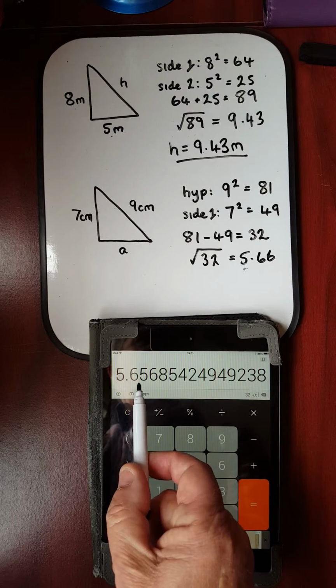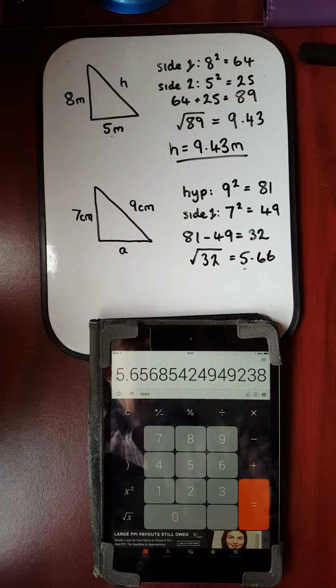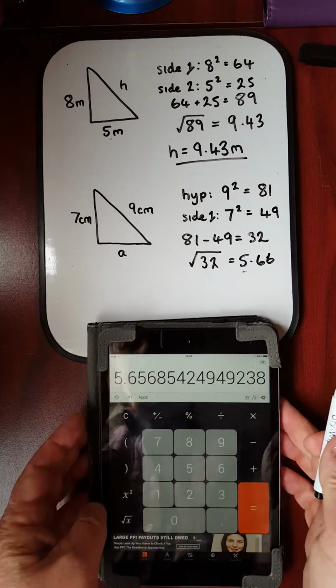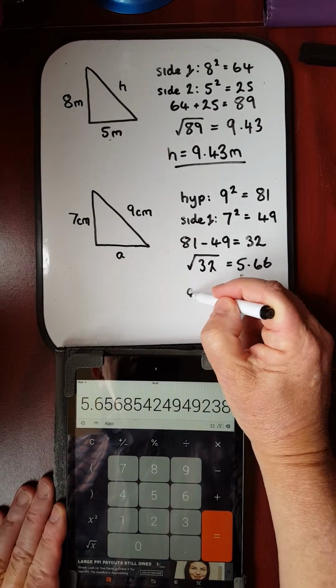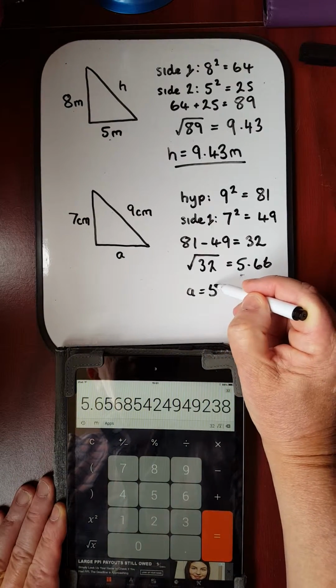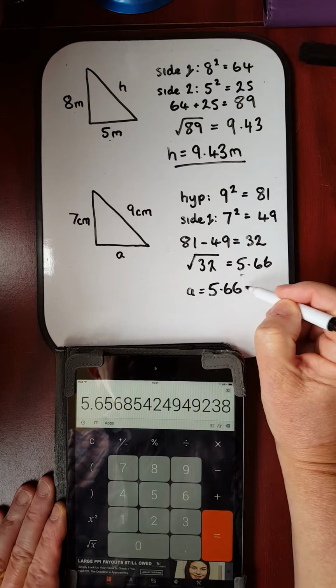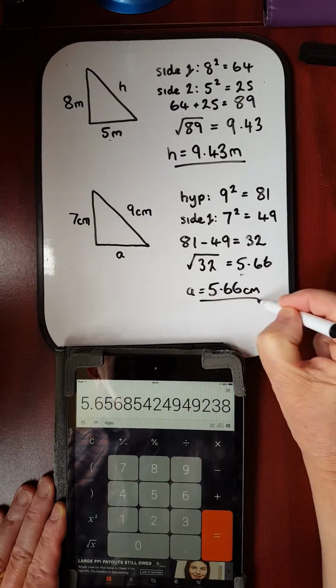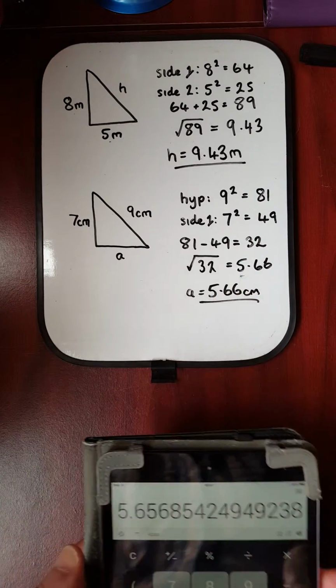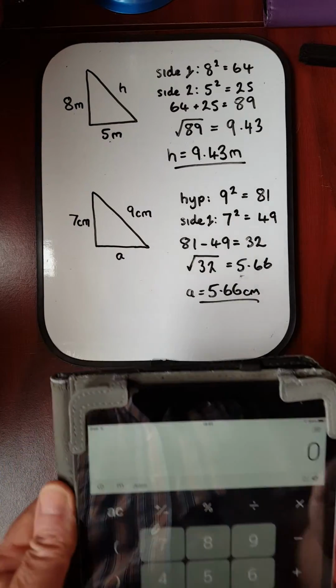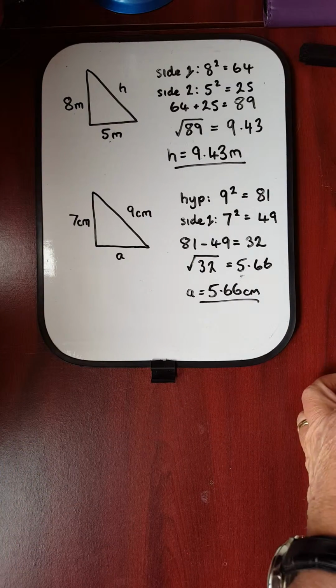If you're not sure about rounding, watch the video that we do on that and make sure you know what we're doing with it. So side A equals 5.66 centimetres. So we subtracted rather than added on that occasion.